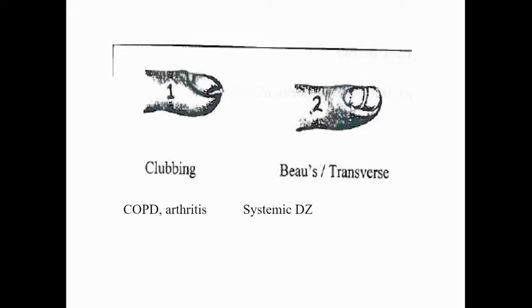Not this way, because those ridges are pretty normal. It's this way. We can also get these if we damage a nail, say we hit our finger with a hammer. It can grow out like that. I've had that happen before, where your nail goes black and eventually grows out. But that's going to be one, maybe two nails, not the whole thing. So those are just some things your doctor is looking at when they grab your hand, just FYI.